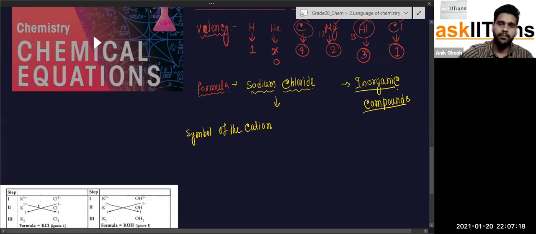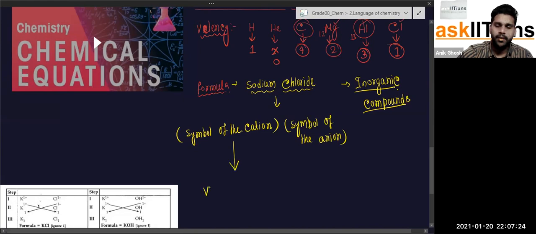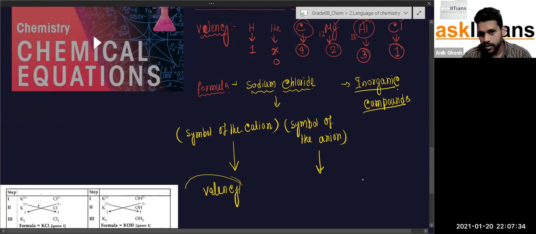After that you need to write the valency of the cation as well as the valency of the anion. If you know all these three things, you'd be able to find the chemical formula very easily. Got my point? Okay, now how to find that?